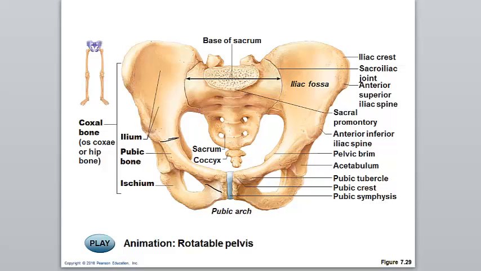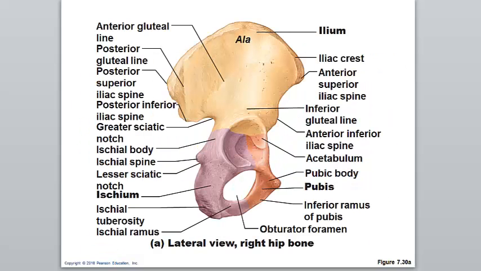Let's look at the colored version so you know better how it starts and stops. Here's the lateral view. The superior posterior bone will be your ilium. That's why it's called the iliac region. Then the inferior posterior is your ischium, and the inferior anterior is the pubis.